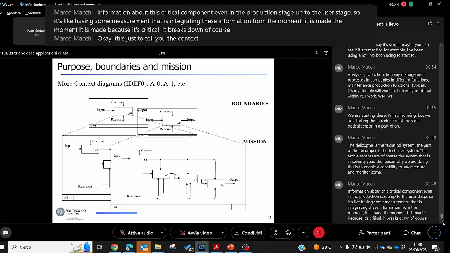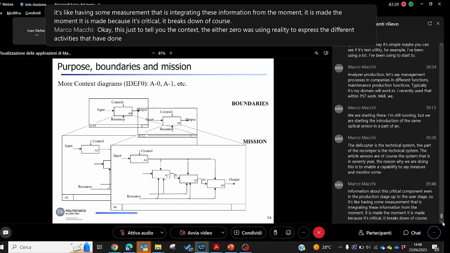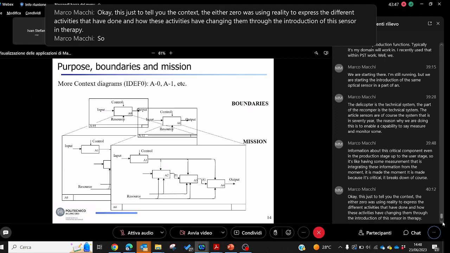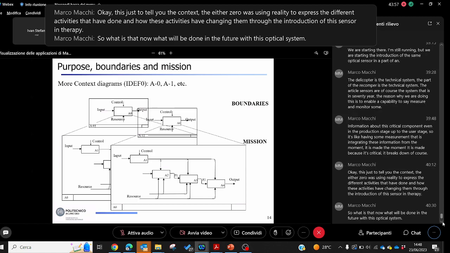The IDEF0 was used in reality to express the different activities that are done and how these activities are changing through the introduction of this sensor in the reality. So what is done now, what will be done in the future with this optical sensor.